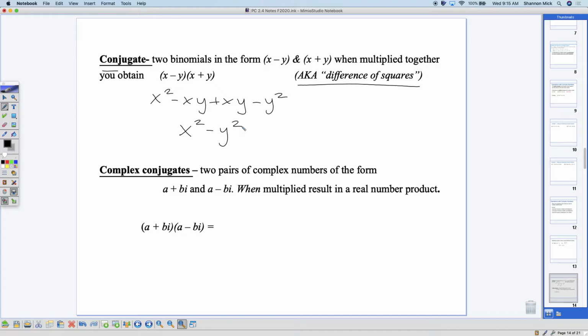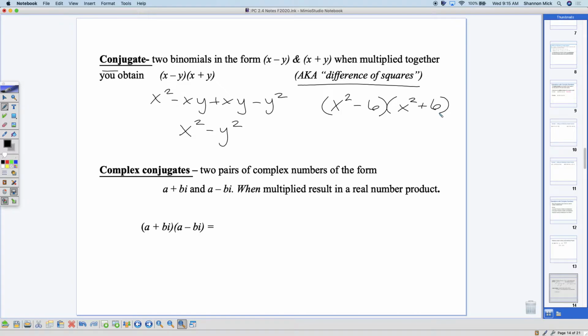So it's a conjugate with anything. What's the conjugate to x squared minus 6? X squared plus 6. I can look at anything, it's exactly the same, but the middle sign.